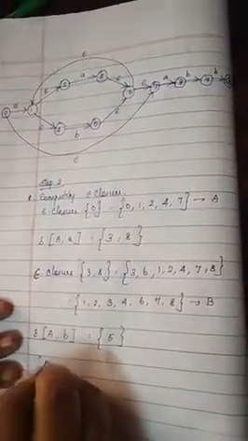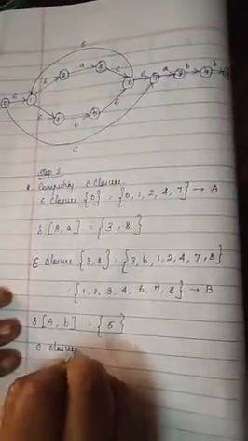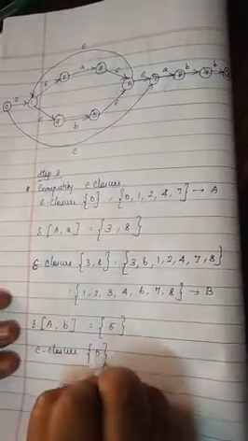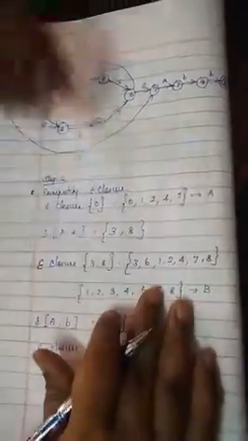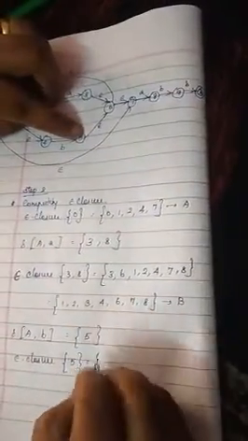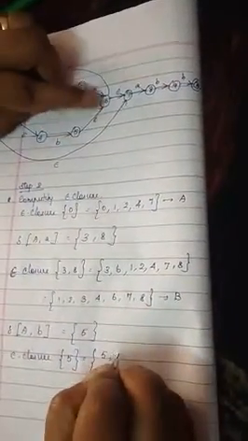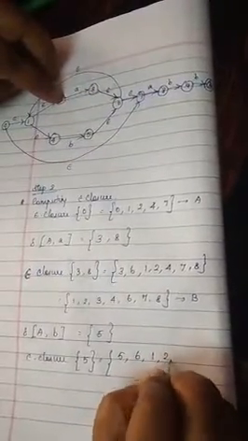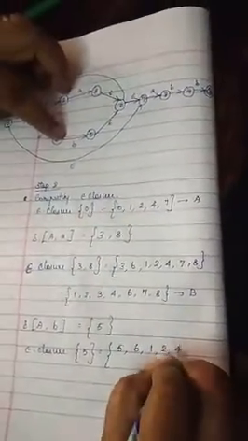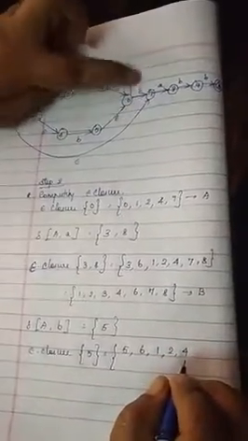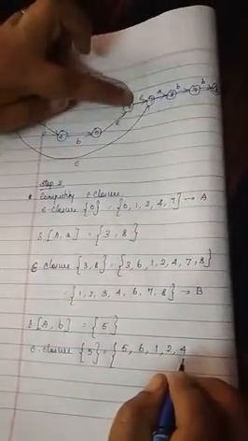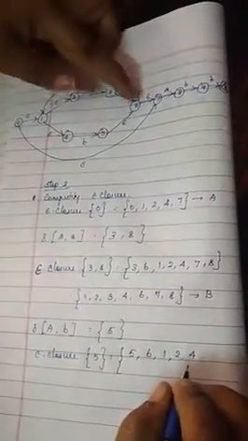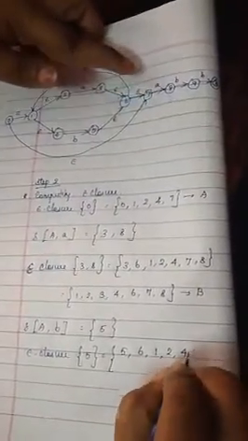We find the epsilon closure for 5: 5 to 6, 6 to 1, 1 to 2, 1 to 4, and 6 to 7.